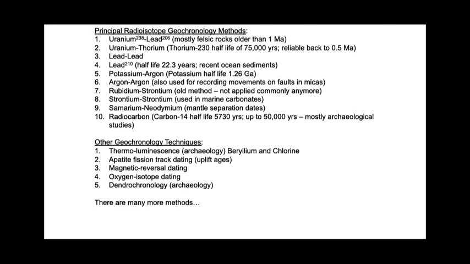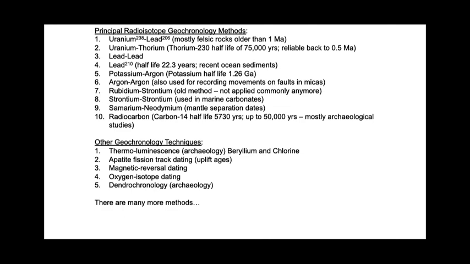Apatite fission track dating is used if you have a known elevation and you have an igneous rock that's exposed at that known elevation. You can get the apatite crystals out of that, and you can count tracks, essentially, from cosmic particles that have intersected that crystal, cosmic particles that can penetrate through the rock. They leave a little trackway behind, and it's a healed trackway, and you can count that and find out when this thing was last raised up, essentially, or uplifted.